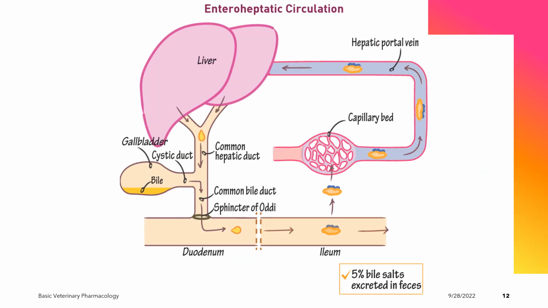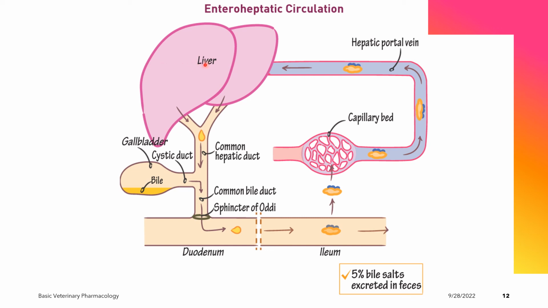This diagram shows the mechanism of the enterohepatic recycling or the enterohepatic circulation. So the liver plays a major role in the enterohepatic circulation because it is the one that will metabolize the drugs or the xenobiotics, and it will also be the one to produce the bile.